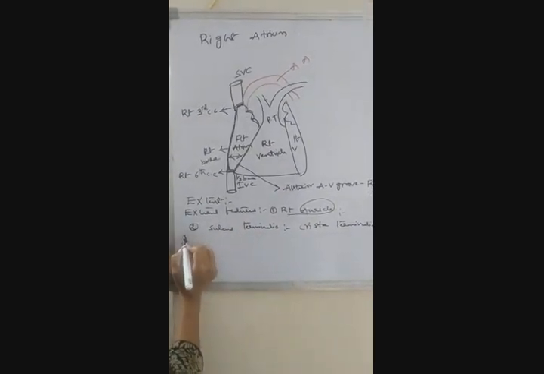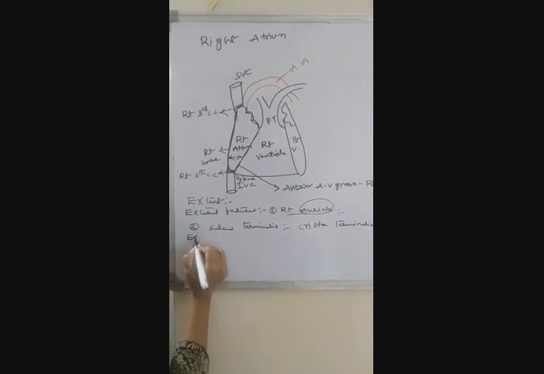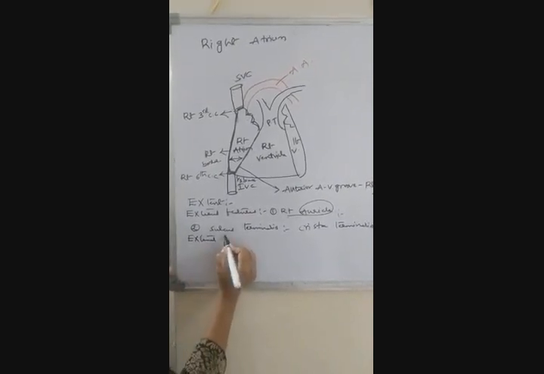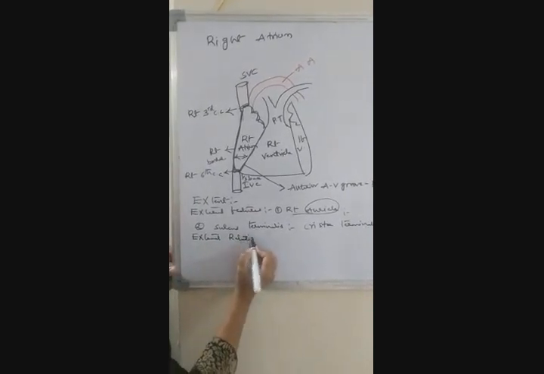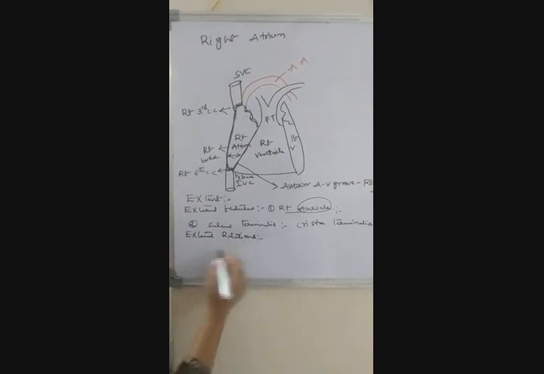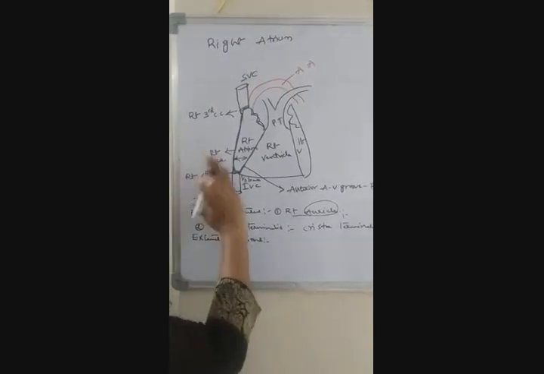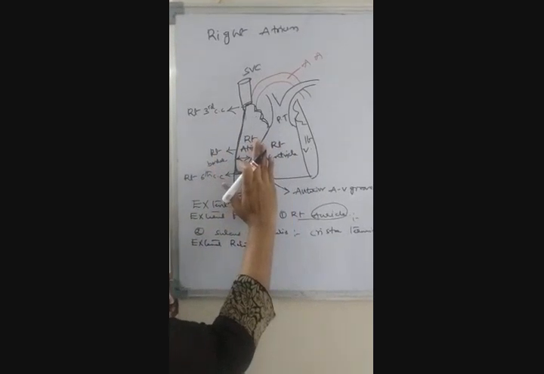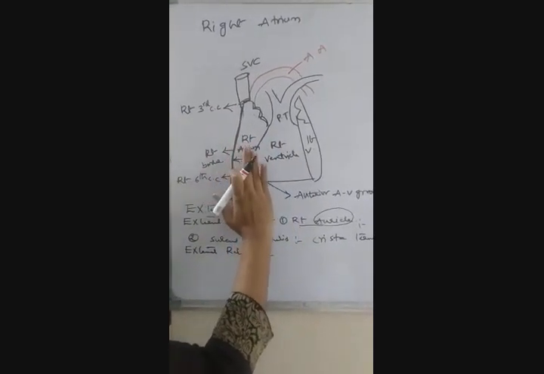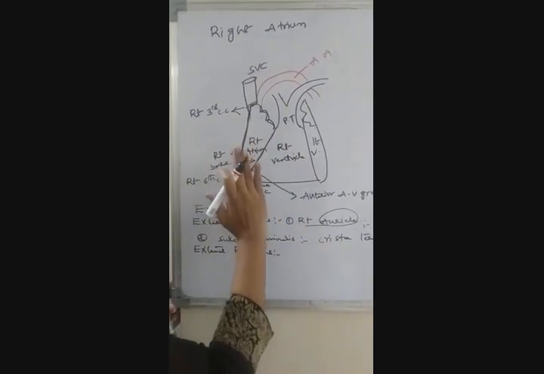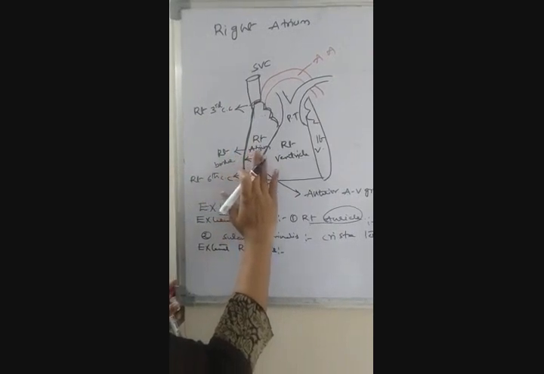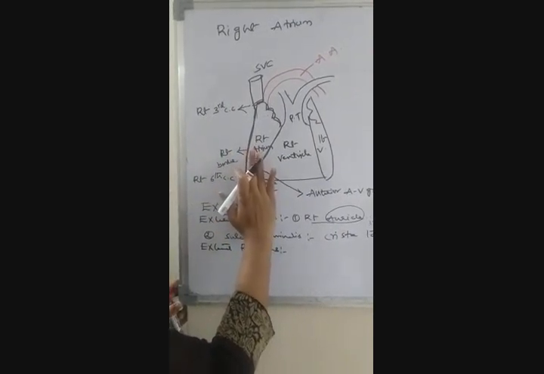Next, coming to the external relations of this right atrium. Anteriorly we will have the mediastinal surface of the right lung along with the pleura.